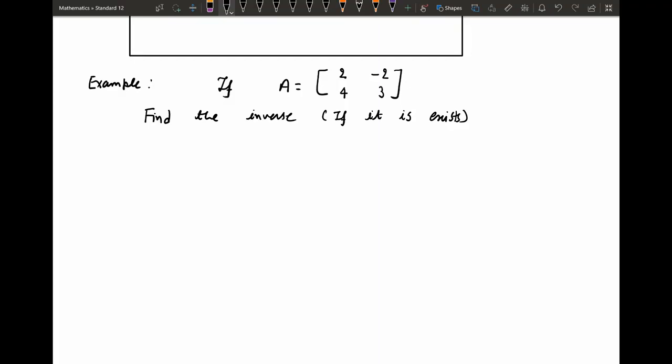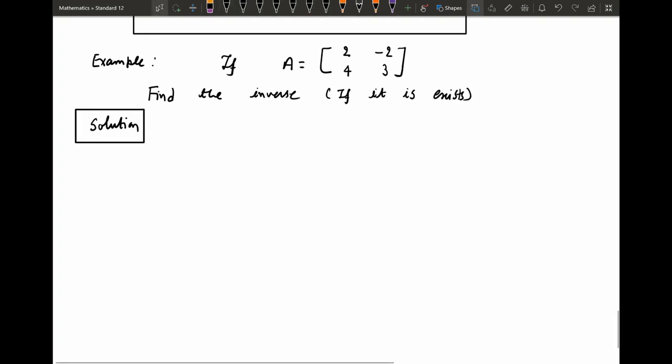So what is the condition so that the inverse exists? The inverse exists if and only if determinant A should not be 0. So first we verify the condition. Given the 2 by 2 square matrix A, let us verify.